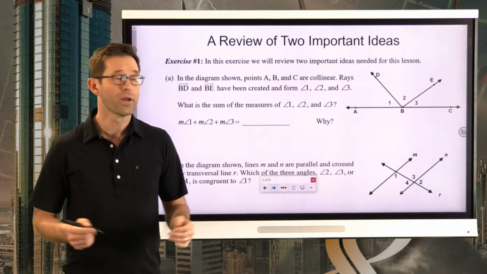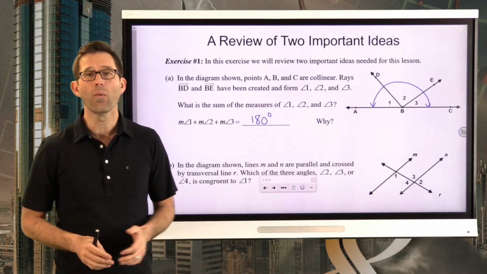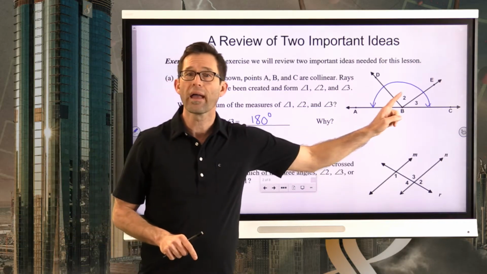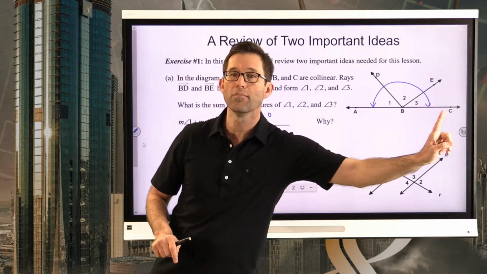All right, well here it is. By adding up those three angles, we should get 180 degrees. Even though we don't know what the measure of any one of those individual angles are, we know that angle 1, angle 2, and angle 3, when put together, form the straight angle ABC.